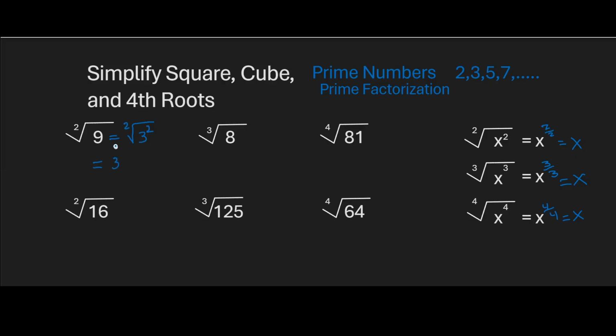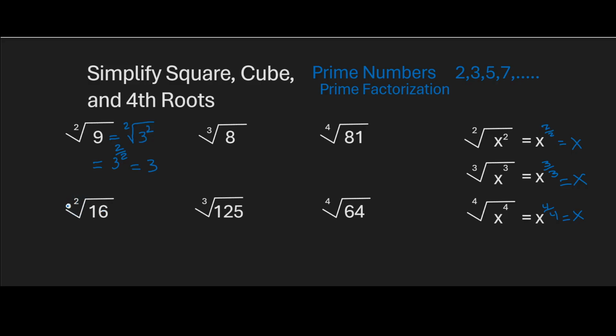So it's gonna be 2 divided by 2. 2 divided by 2, the answer is gonna be 3. And the exponent is gonna be 1, so we're never gonna write it. So in other words, the square root of 9, the answer is 3, and that means that the square root cancels the square.